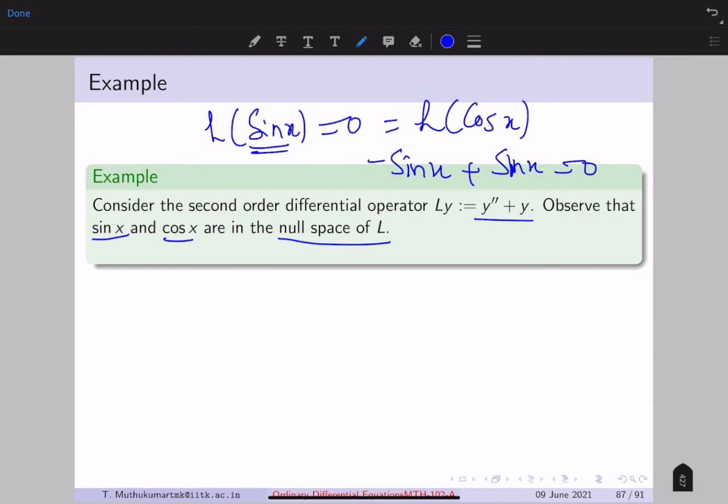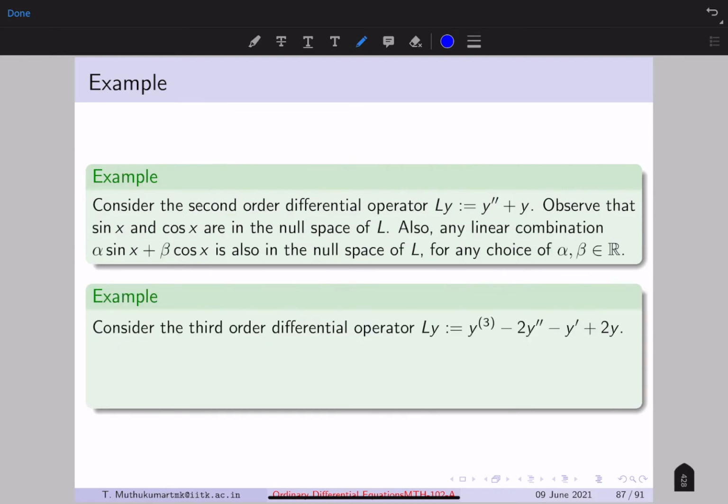So you can verify that both sine and cosine are in the null space of this operator L. And because the null space is a subspace, any linear combination of these two functions will also be in the null space, right? So alpha sin x plus beta cos x for all choices of alpha, beta is in the null space of L.